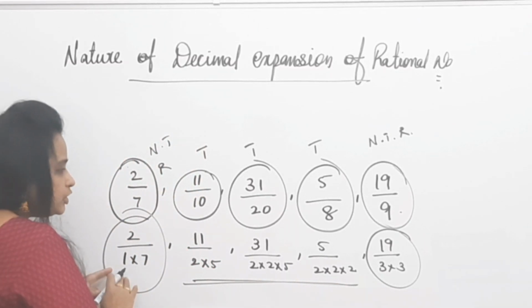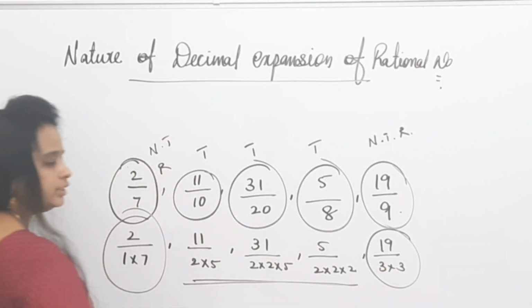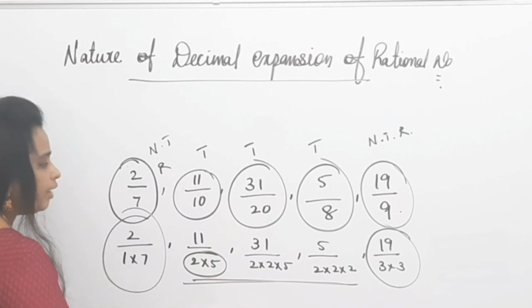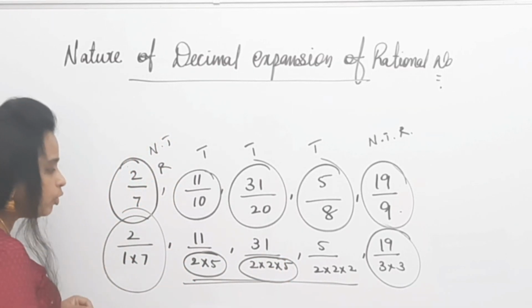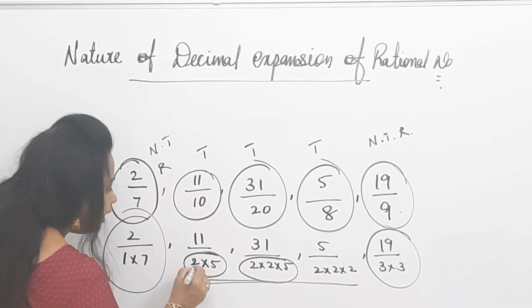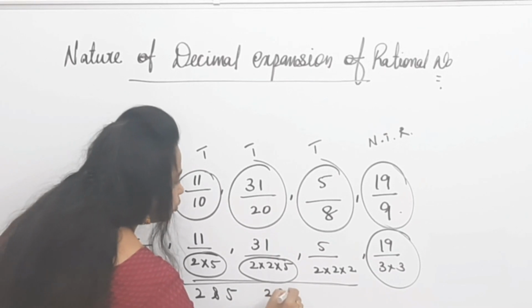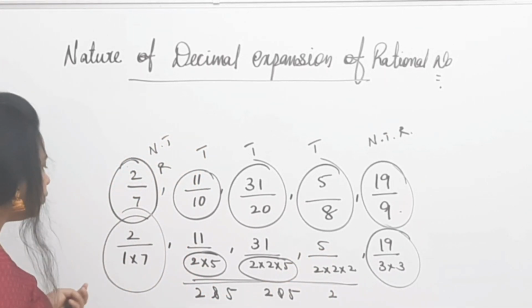What is the difference between this number and these three numbers? You can see this number has a terminating decimal expansion because the denominator has factors only 2 and 5. Just the number 2 alone is also possible.